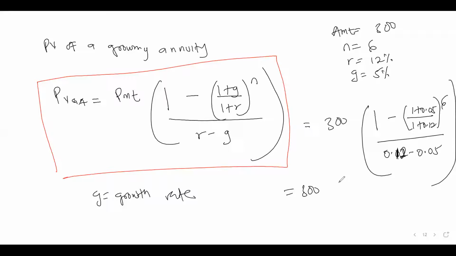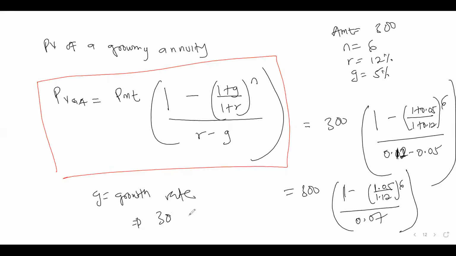So we have 300, 1 minus, 1 plus 0.05 is 1.05, then 1 plus 0.12 is 1.12 raised to the power 6. And 0.12 minus 0.05 is 0.07. I know some of you can punch everything on the calculator straightforward, but sometimes it's good to take your time, okay?